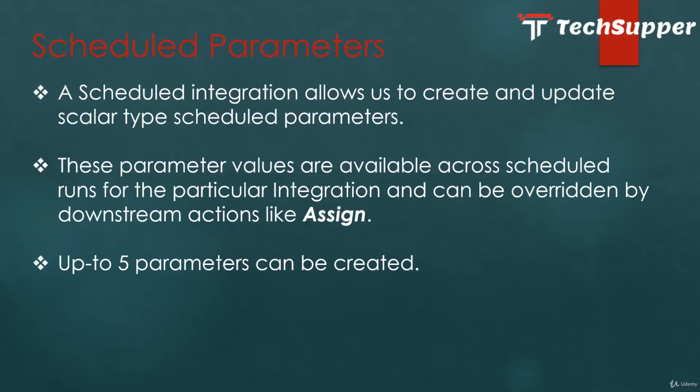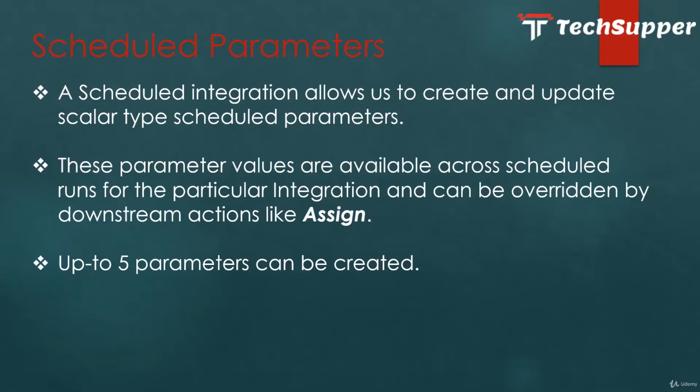So if you have a requirement to maintain a variable in the scheduled integration which is accessible throughout all the runs of that particular integration, then scheduled parameters can be created. Up to 5 parameters can be created in a scheduled integration run.